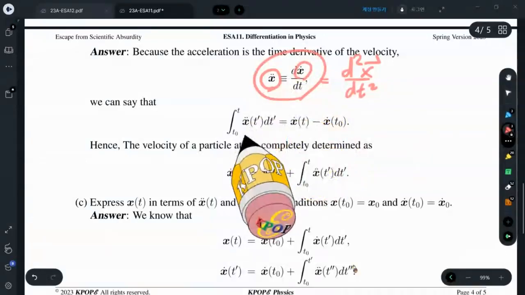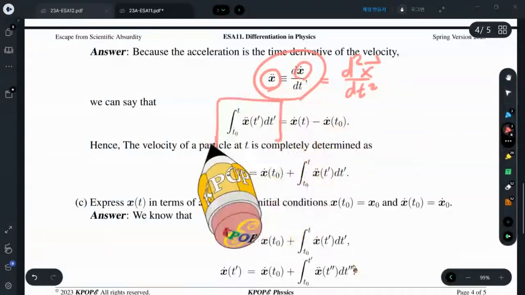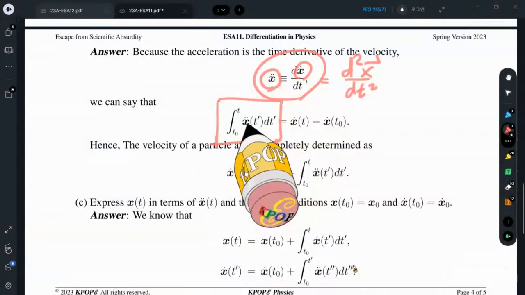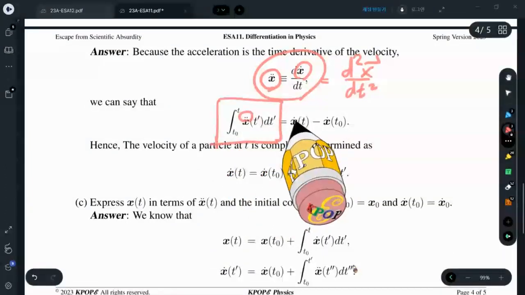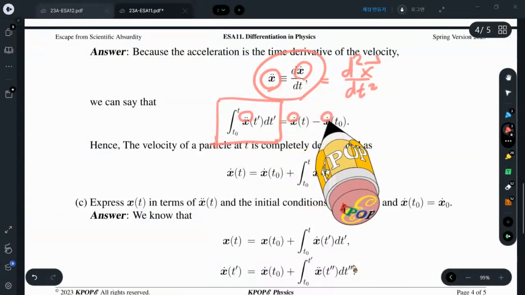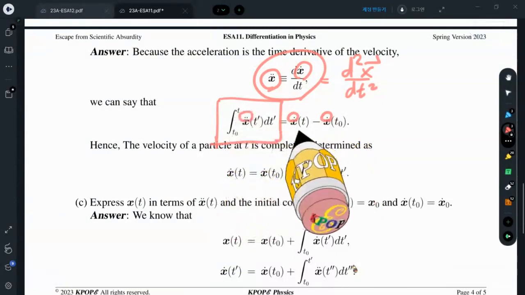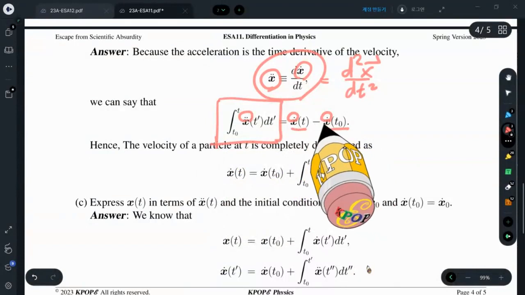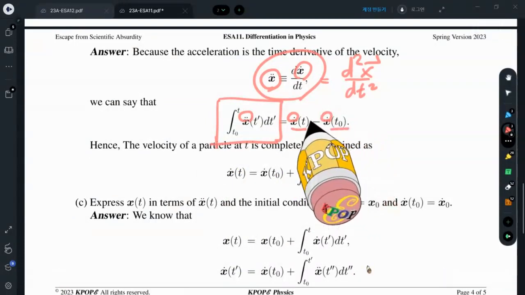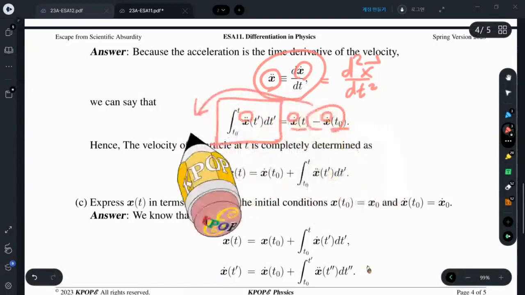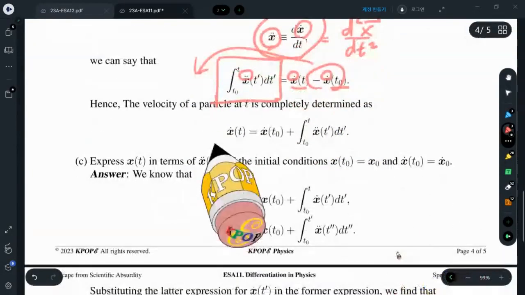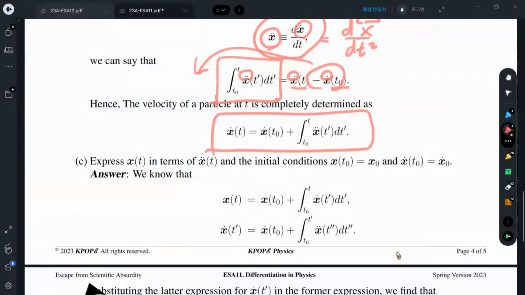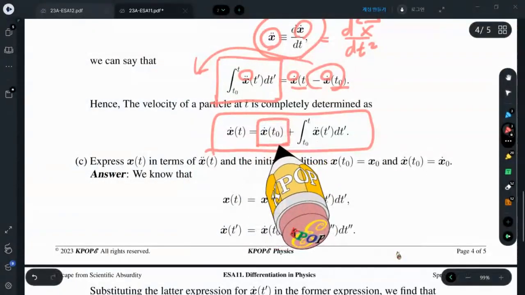Using this method, I integrate over time only once, then this double derivative becomes a single derivative, and this definite integral is always the difference. Okay, so using the similar method, I move this one and exchange the left and right. Therefore, I can determine the velocity completely when I know the initial value.